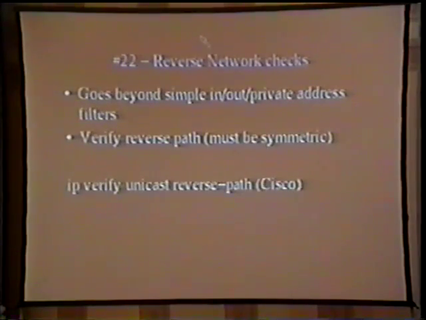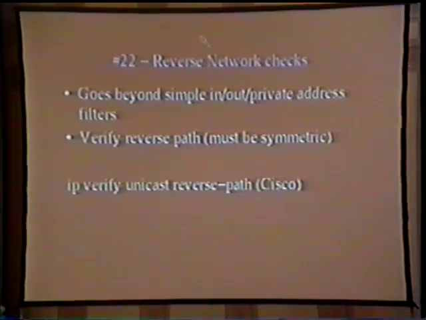This is kind of a little-known command to check the reverse routes on packets. This is for routing. A spoofed packet often will come in on a different port than it was supposed to come from, and if your paths are symmetric, and this is very important, your paths must be symmetric, in other words, it goes in and out the same port, you can use a verify reverse path.